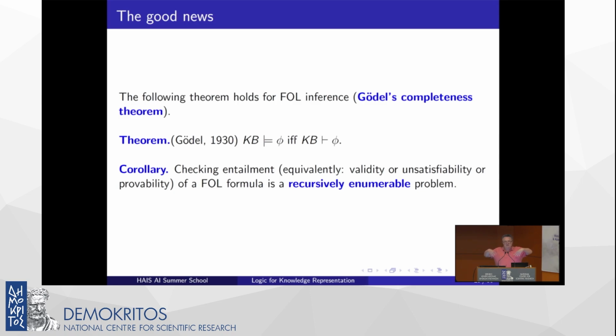It might take forever or whatever. I mean, as computer scientists, we are interested in these things, but this is not what Gödel was interested in. You can do that. So if something is entailed from a KB, then you can prove it and vice versa.